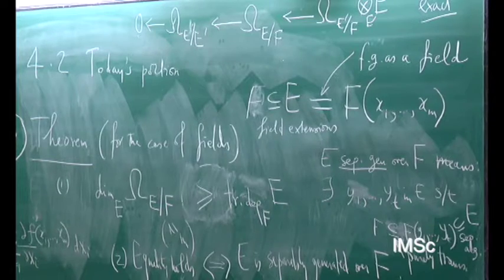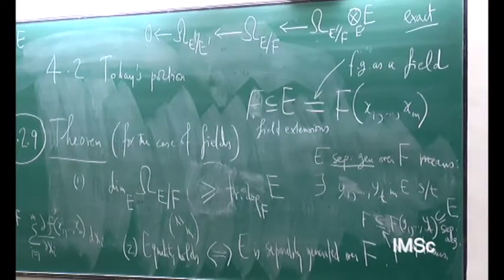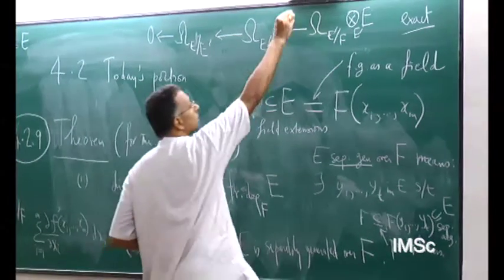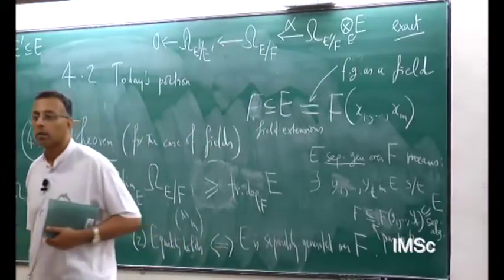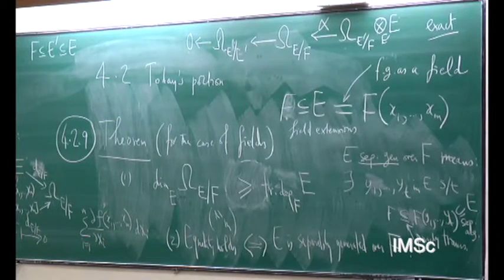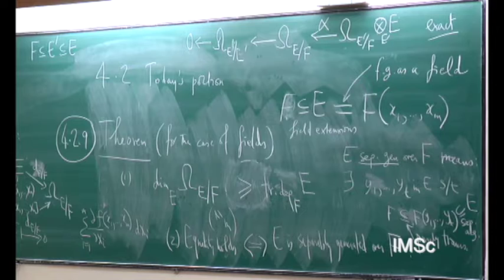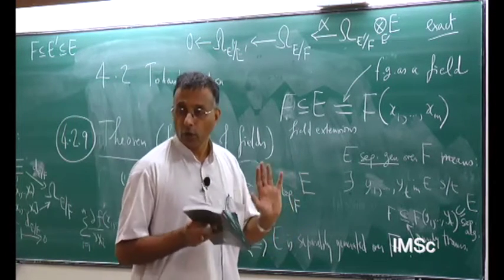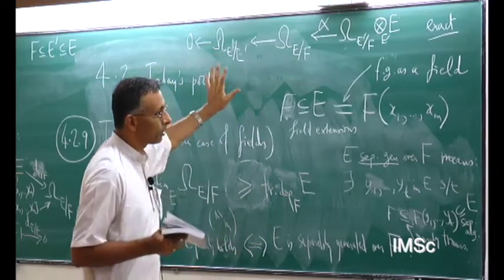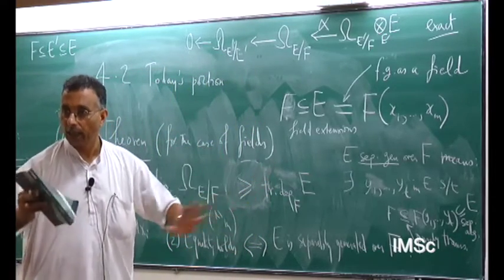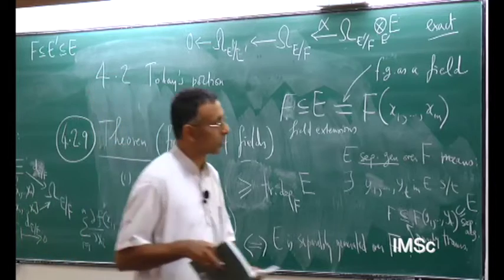Another thing to keep in mind is that he's going to play around with this, and what is going to be important is, he calls this alpha, when is alpha injective? That is, when is that sequence exact with a 0 on that side? That is going to play a role. You should keep that and the various definitions in mind.